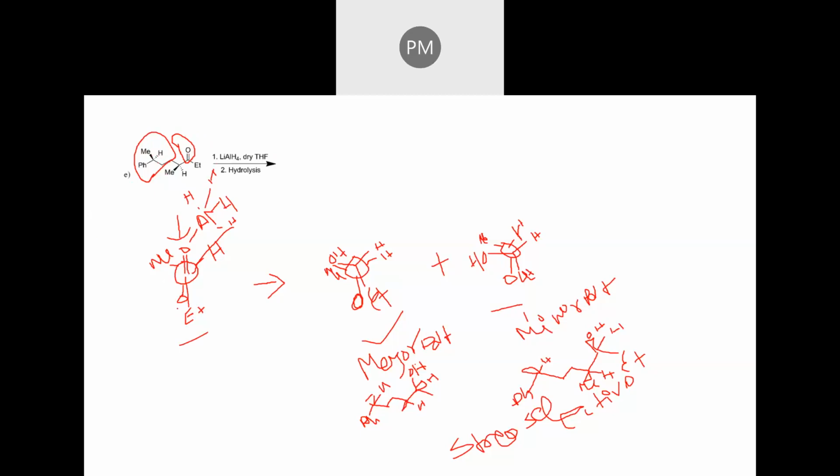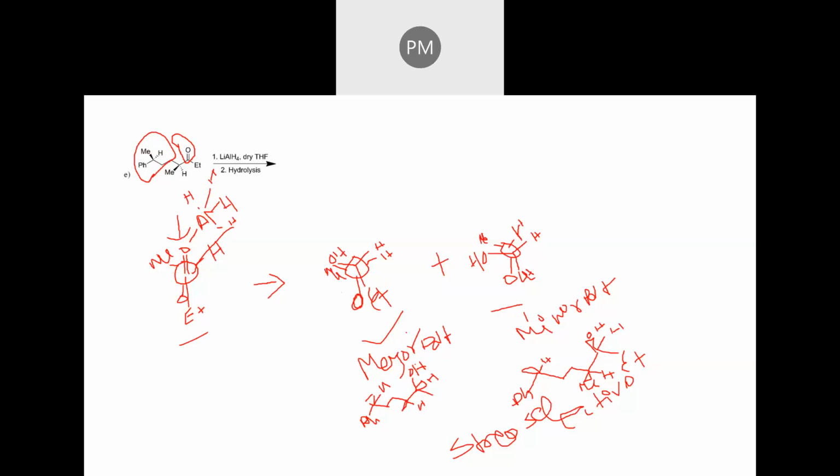Now we are getting this aluminum hydride, so this will bond like this. Then hydrogen will attack this carbonyl center, and it becomes OH. There is a possibility that the hydride will attack from this side and also from this side.